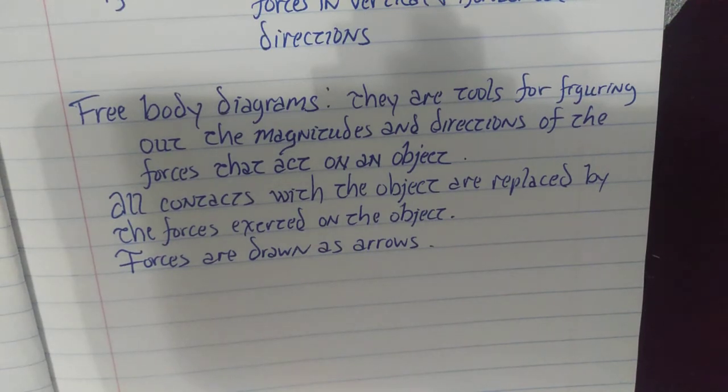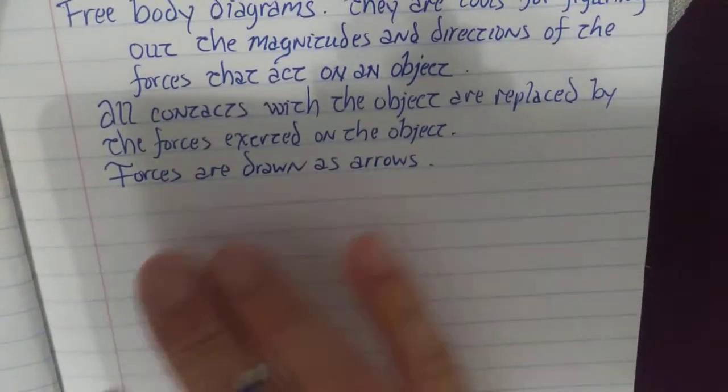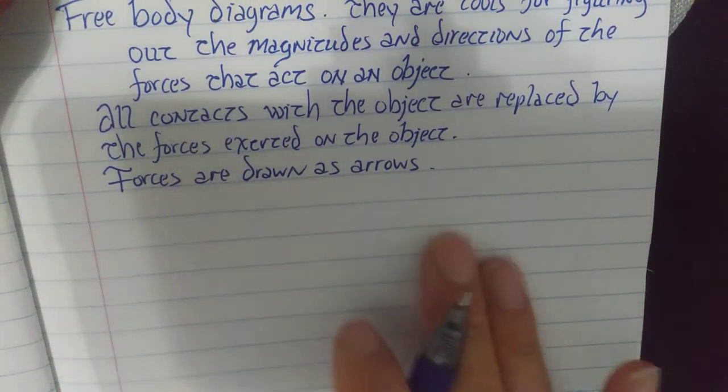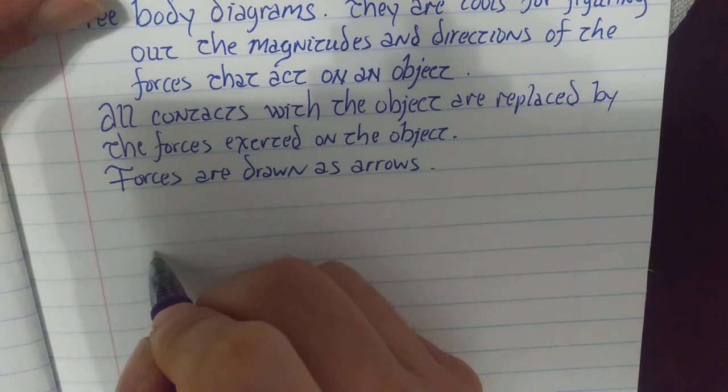Okay, so this is where we're going to go through the steps. You're going to have your free body diagram on this side and the real object on this side. So let's do that.